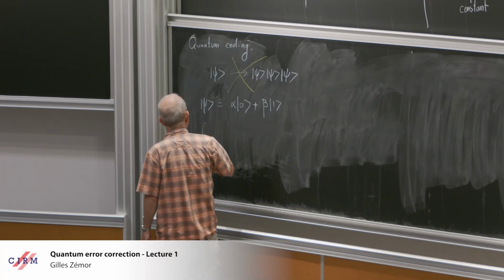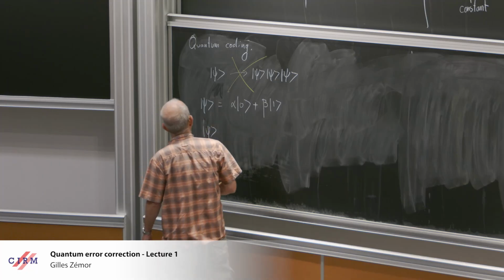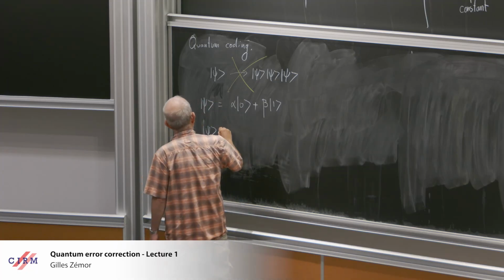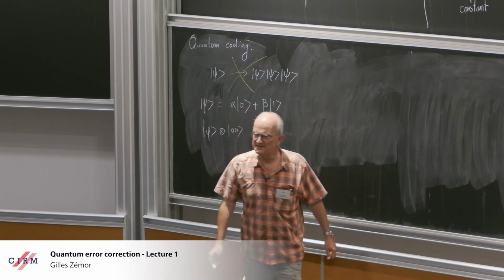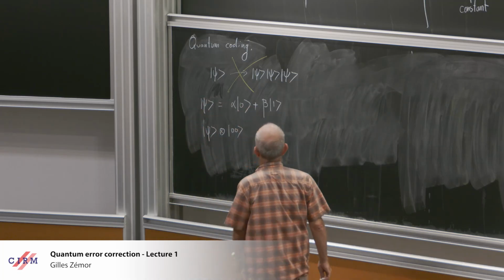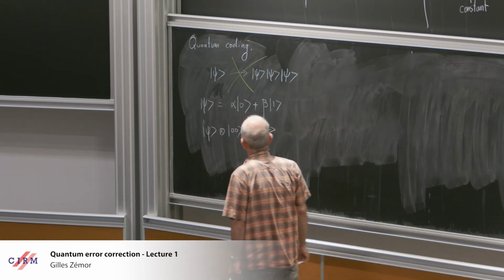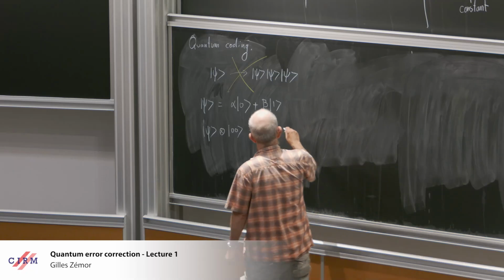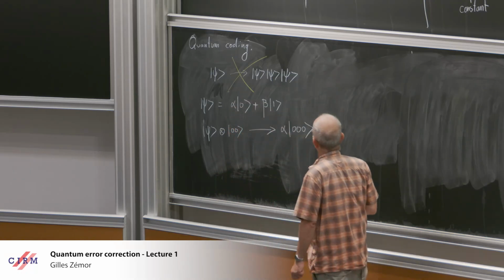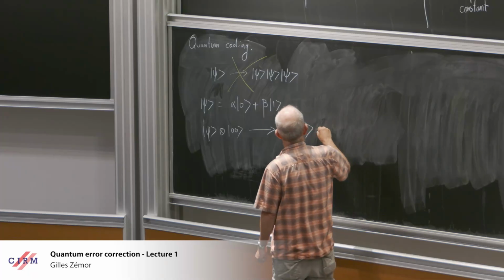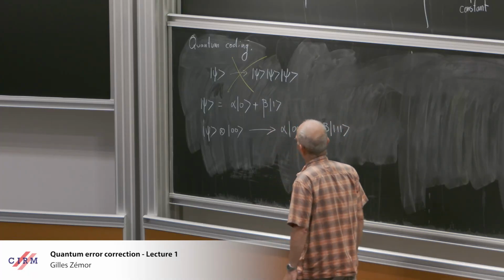So you can start from this and add a couple of qubits, say in the 0 state, and then map this to this expression, alpha times 0, 0, 0 plus beta times 1, 1, 1.